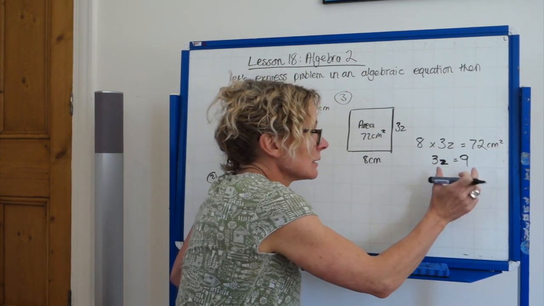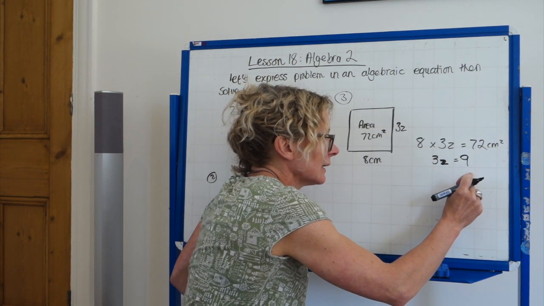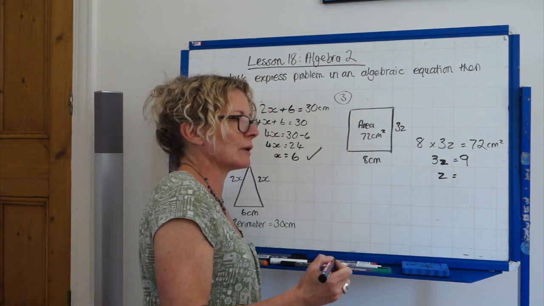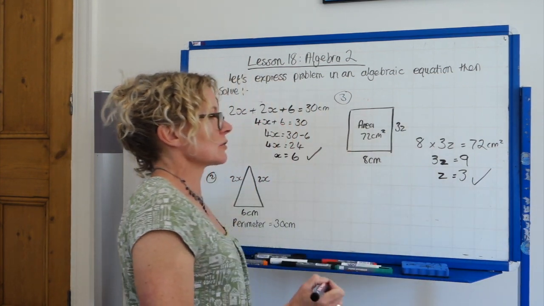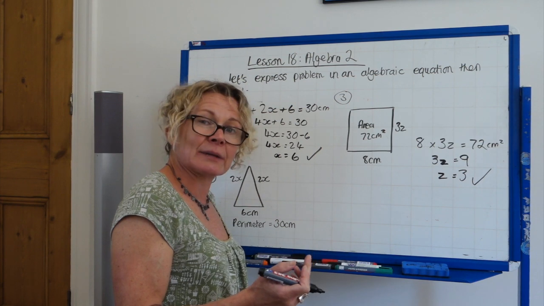Opposite operation. The equation is still balanced. So 3 lots of z equal 9. So z therefore equals what? How many lots of 3 in 9? 3. Absolutely storming this. Right, I'm going to set some and then we will come back with the answers tomorrow.